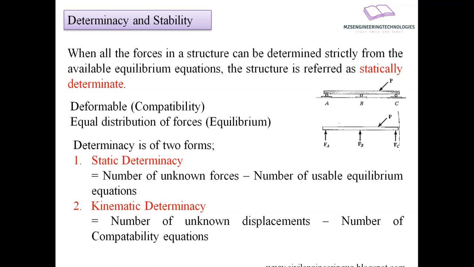The applied force can be resolved into two parts, one horizontal component and one vertical component. If you talk about the equilibrium, it is not going to be satisfied because there are three unknown forces and only one available equation in the vertical direction. There are two unbalanced forces remaining in the structure.